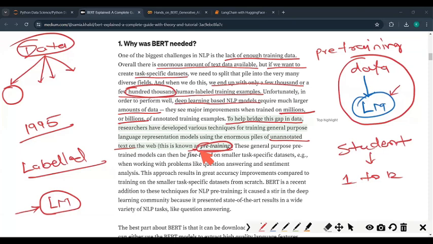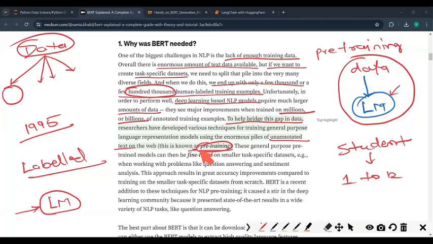Whatever language model we use, these pre-trained models are overall good at generalized things. If you ask it normal questions like who is the president of this country, or what is this concept or that concept, it will be able to answer very well.